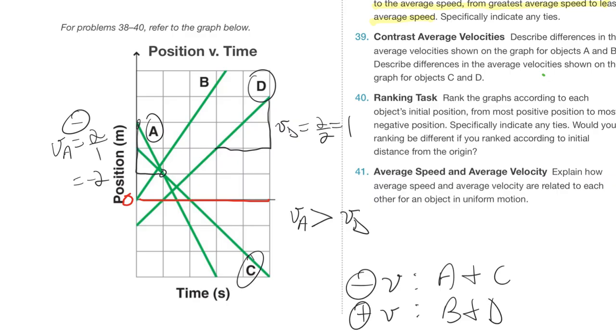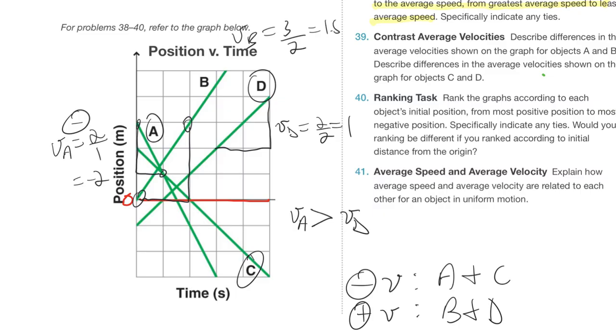Okay, who is the fastest? Who's the steepest? Well, it's kind of hard to tell. We already did A, it's negative 2. We did D. B looks like, let's pick a corner, B looks like a rise of 3 over a run of 2.